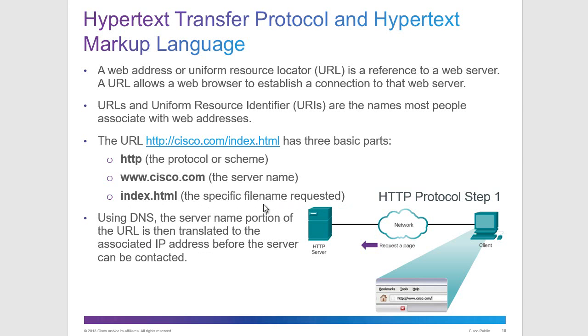So you type that all in, and you get a web page back because you're sent this index.html file, or whatever file is sent back in HTML code, and the application on your computer, the browser, is able to decode that and present it to you as the web page.